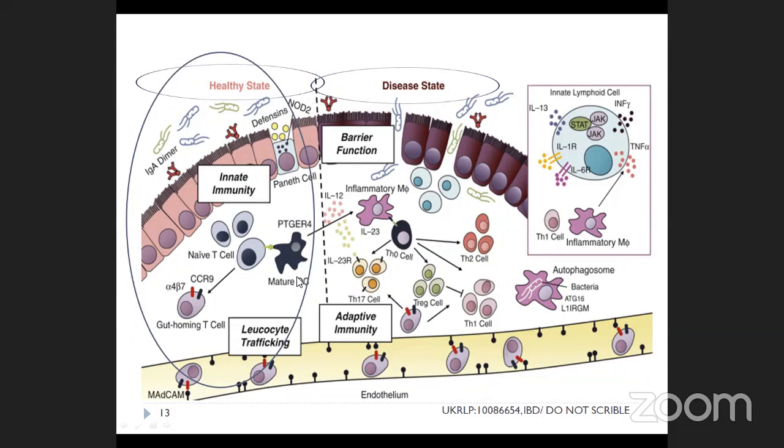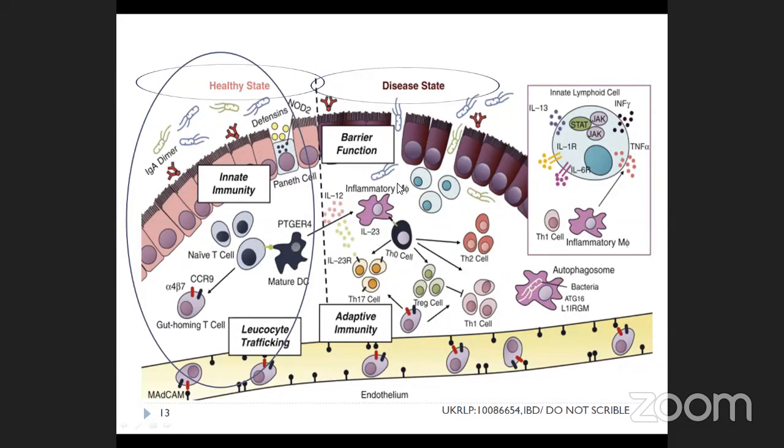they trigger the mature dendritic cells, which in turn create a series of activations of T cells, and then autophagy, the bacteria is engulfed, and this is the normal innate immunity of the bowel wall.